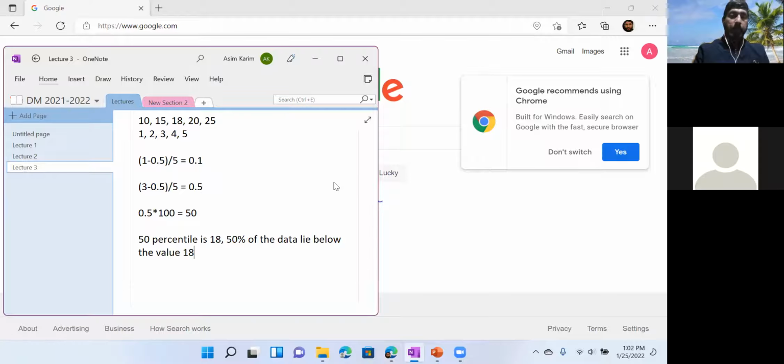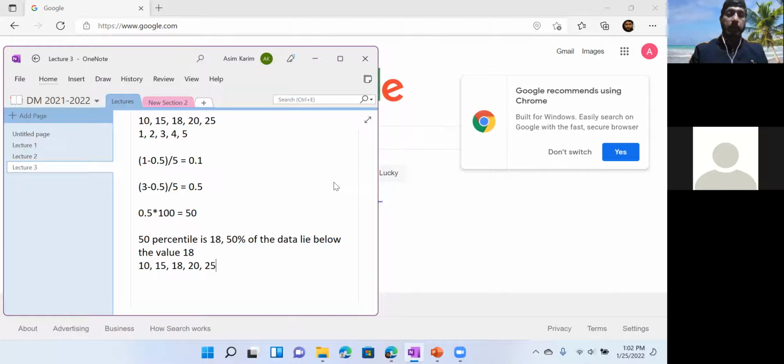So percentiles and quantiles can be computed for this data set, the value 18. So the data was what? 10, 15, 18, 20, 25.